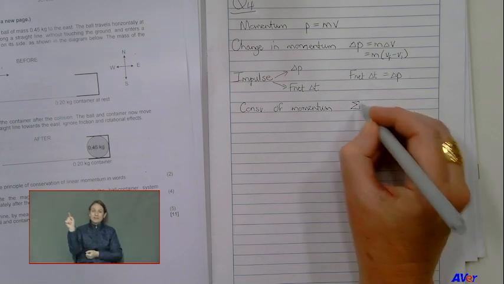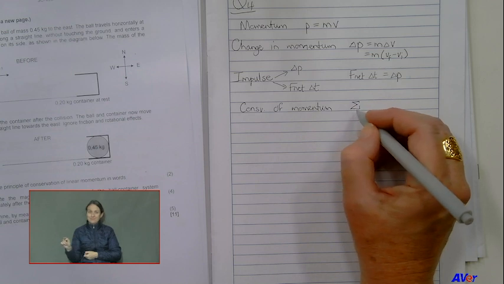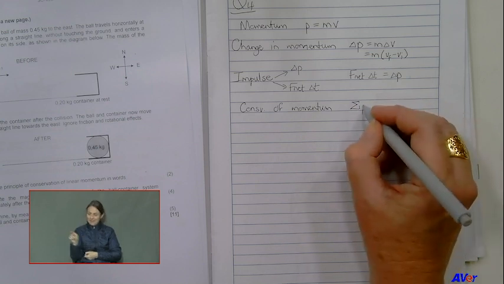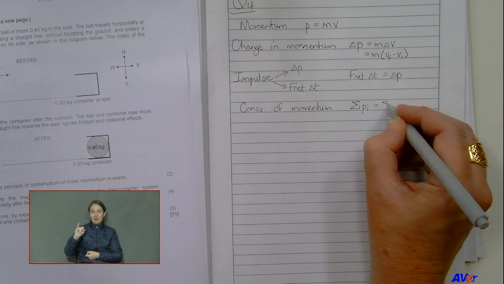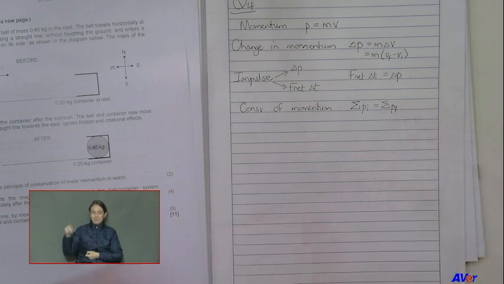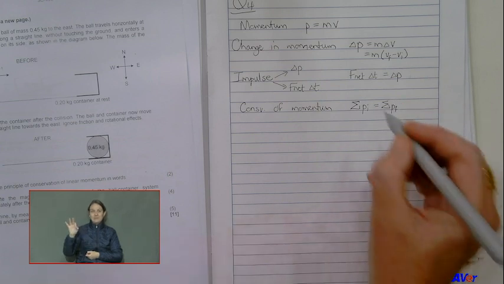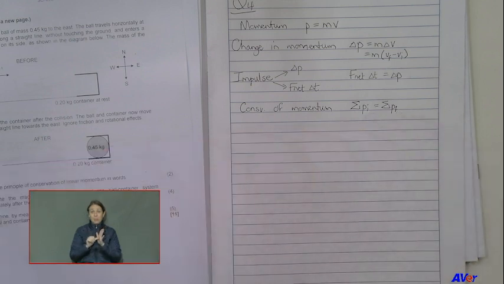And that sign on the edges, it must be sharp. That's sigma. Sigma Pi equals sigma Pf. Okay, and very important, please put in that i and f there. Don't just say sigma P equals sigma P. We want to know which one is before and which one is after. You must be very specific.